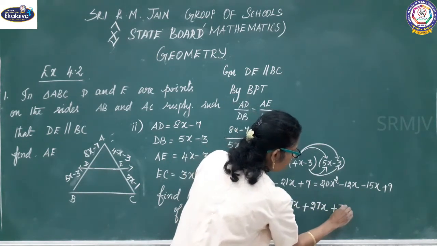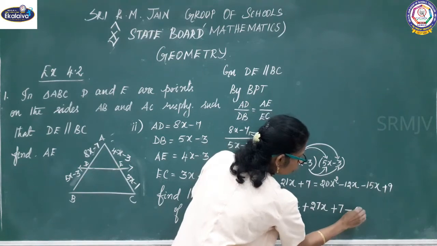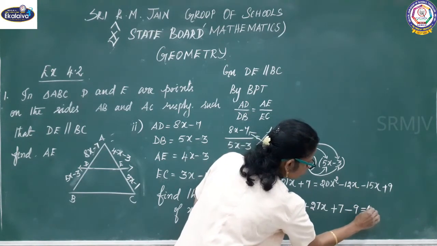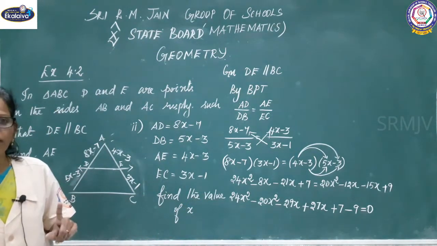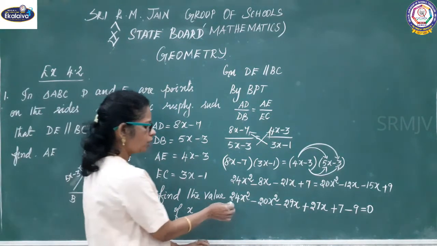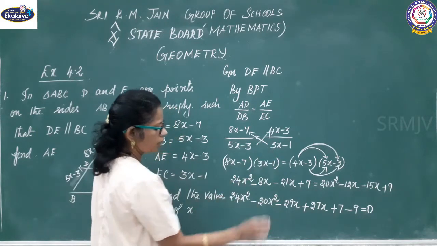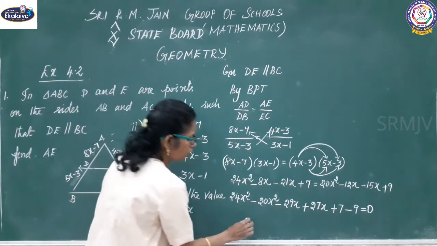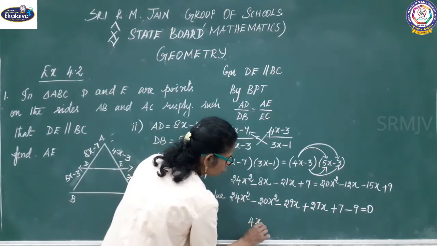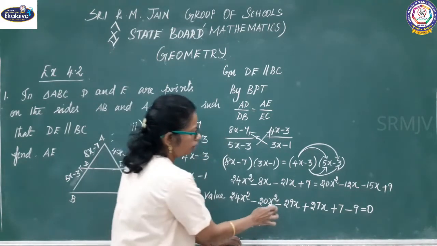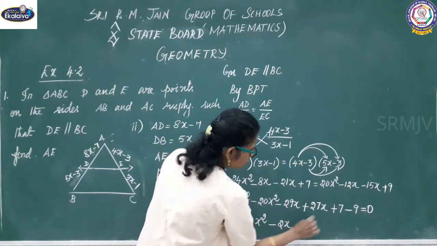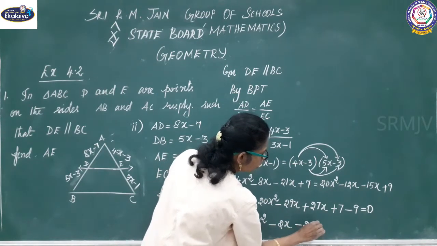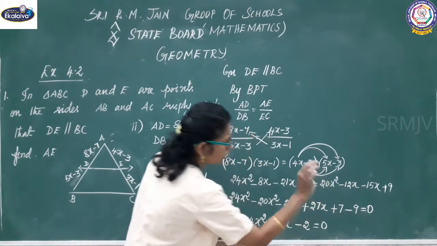Plus 7, shift minus 9 to the opposite side, minus 9, equal to 0. Now you have arrived at a quadratic equation, right? 24x square minus 20x square, what can you get? 4x square, next minus 2x, next minus 2 equal to 0.